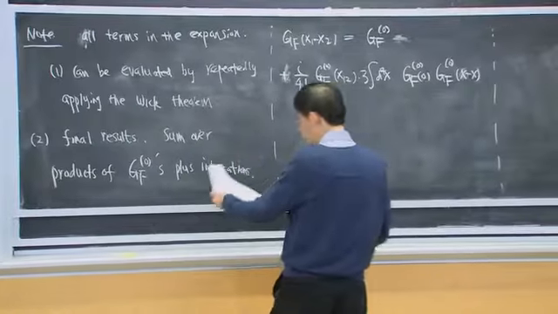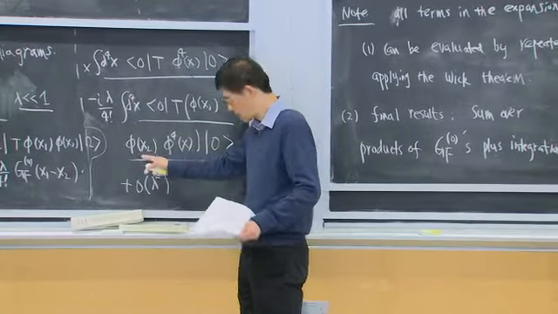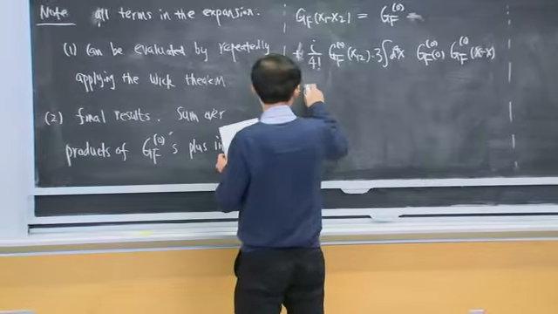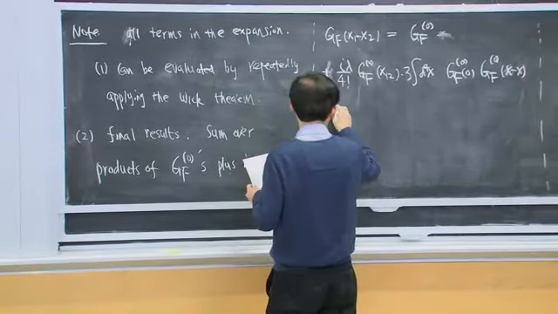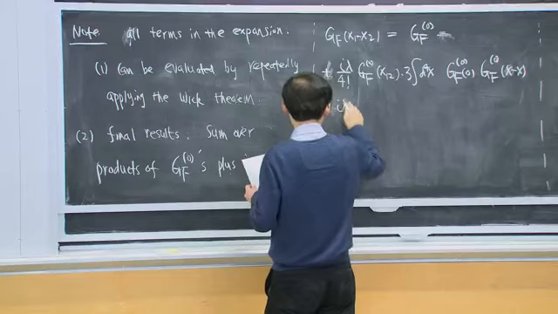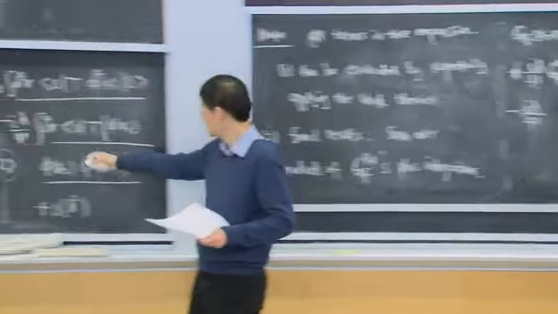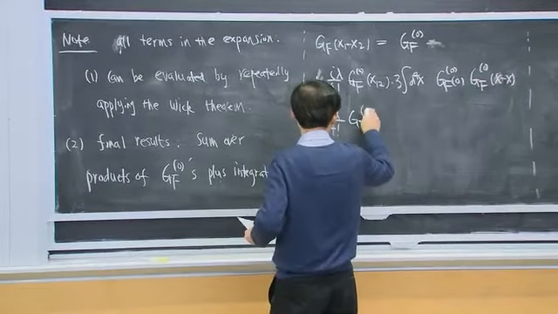The first one is simple. Let's first contract φ(x1) and φ(x2). Again we have minus i lambda divided by 4 factorial, and when we contract x1, x2, we just get G_F^0(x12).